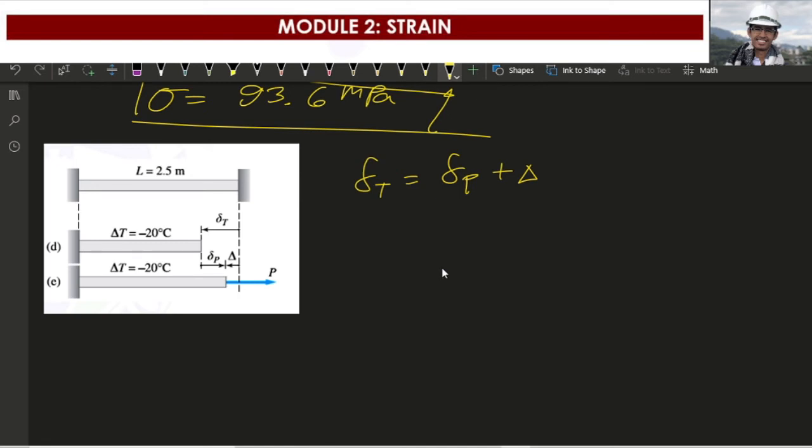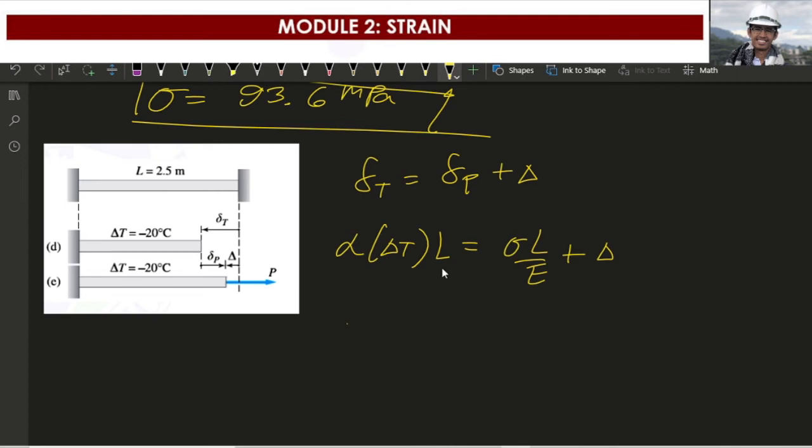So for deformation due to temperature, that will be equal to alpha times delta T times yung length ng ating rod. Is equal siya sa yung deformation due to P, that is equal to PL over AE or stress times L over E, plus yung ating delta. So i-compute natin yung ating stress. So ilipat natin yung stress sa kabila. So ayusin lang natin yung equation natin.